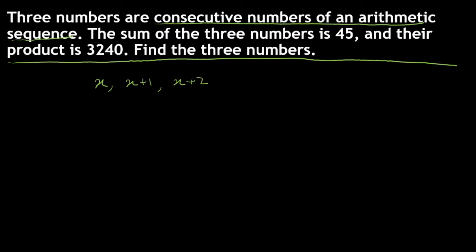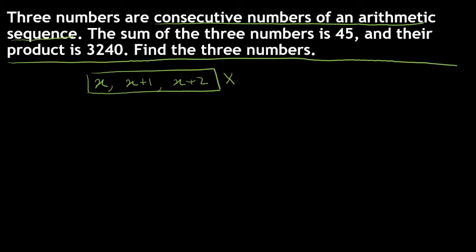We don't have three consecutive numbers like 1, 2, 3, or 7, 8, 9, or 55, 56, 57. So these numbers are not exactly consecutive. That is something I want you to remember. That shouldn't be the first thing that strikes your brain.